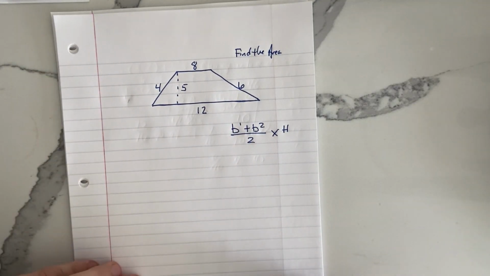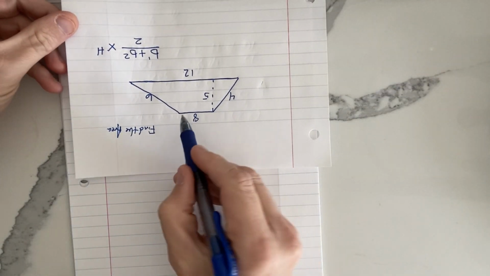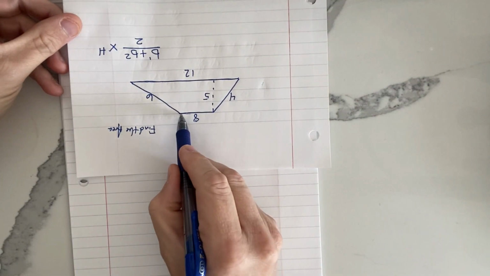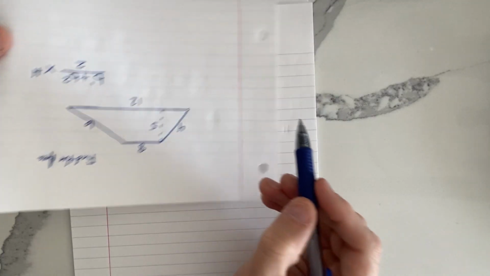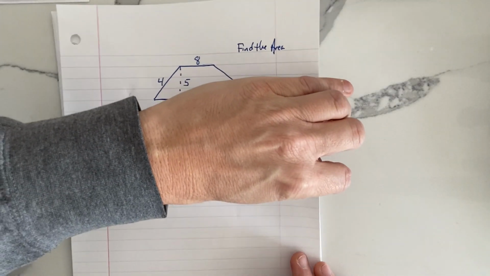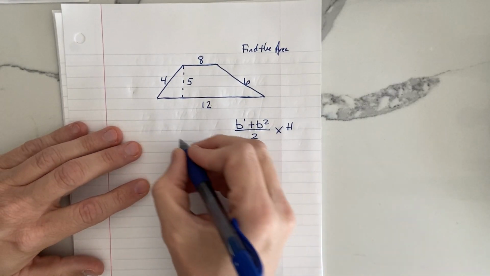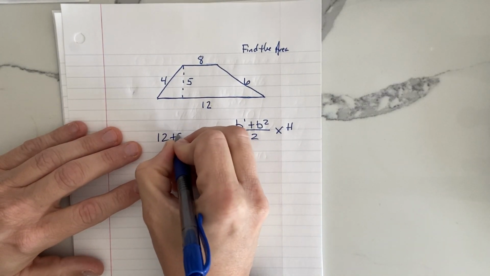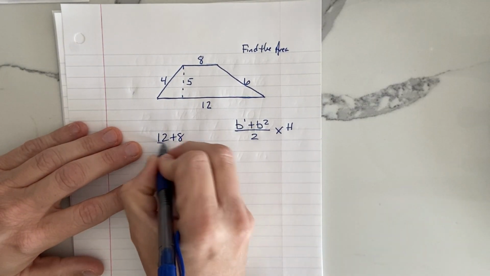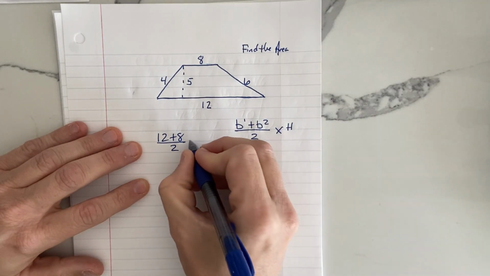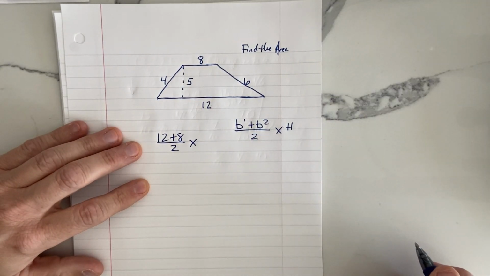And then if I took this and I actually turned it over, this would be a base, okay? So there's actually 2 bases. So that's how they get base 1 plus base 2. So let's rewrite this. You get 12 plus 8 divided by 2 times the height.